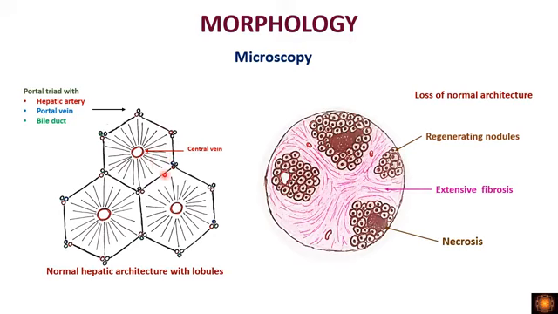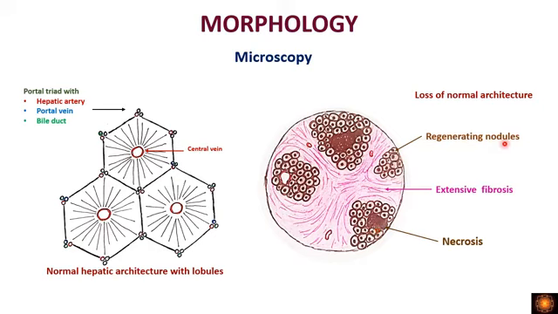Now when the cirrhosis occurs, because of the extensive fibrosis and the loss of the hepatocytes, this pattern of arrangement is lost. So we have a loss of the normal architecture. Then we have the necrosis, and the hepatocytes which are remaining start proliferating.